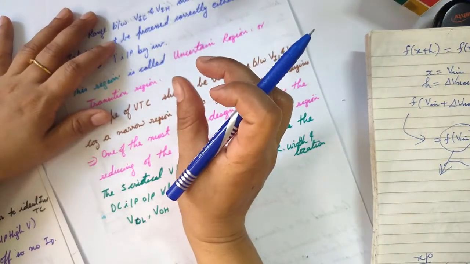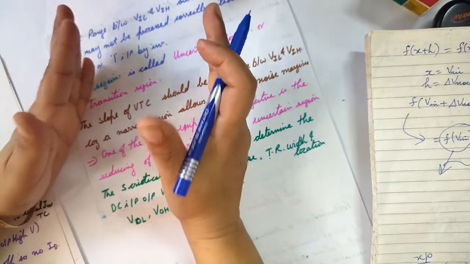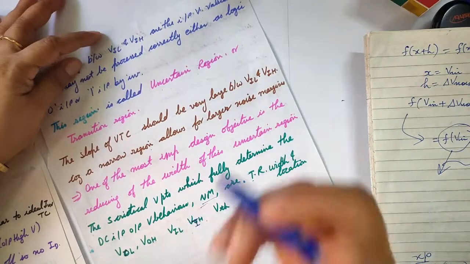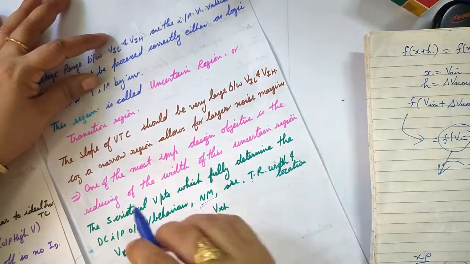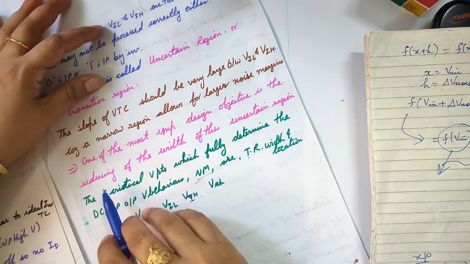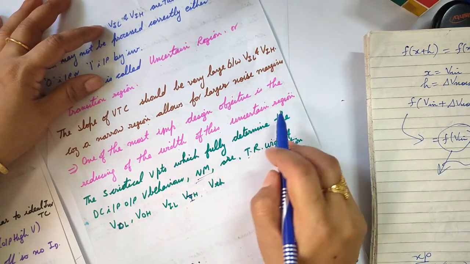This region will shrink and we get more range for 0 to VIL and VIH to VOH. So it will provide larger noise margin. The most important design objective is to reduce the width of this uncertain region.